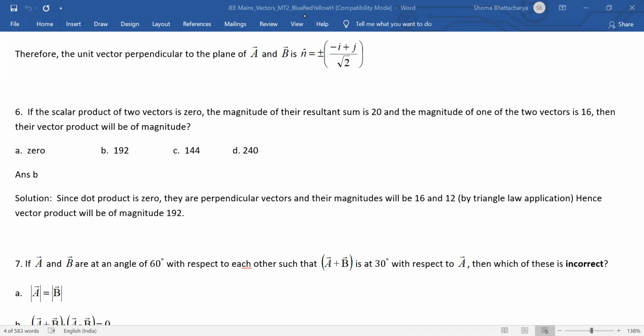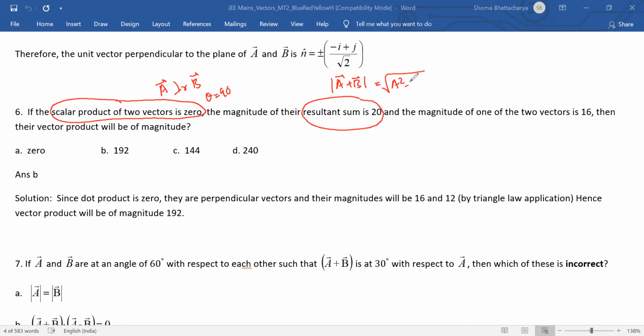So see, the fact that the scalar product is 0 means that A is perpendicular to B, or theta is equal to 90 degrees. So that also means that the resultant sum, what will its magnitude be? By definition it will be root of a square plus b square, and that is 20.